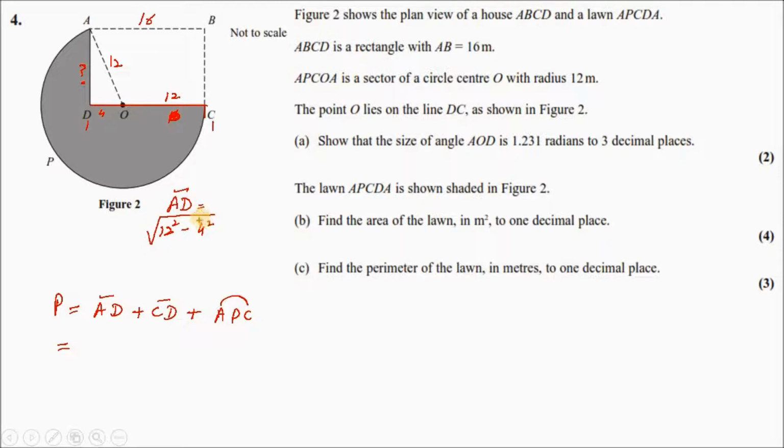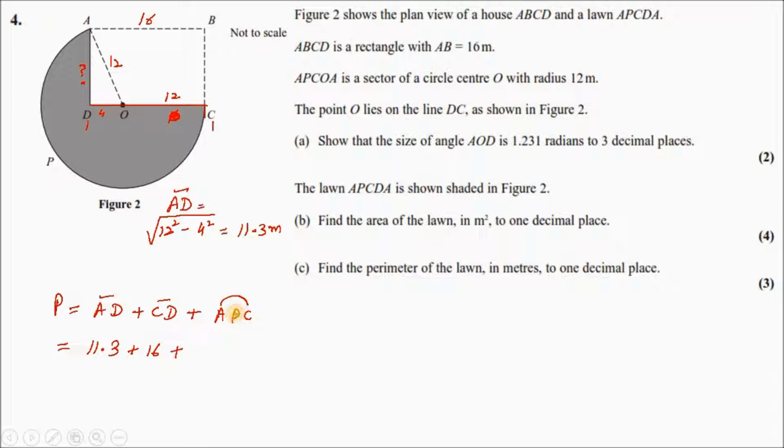If you find AD, it will be 11.3. And CD is 16. So 11.3 plus CD is 16.